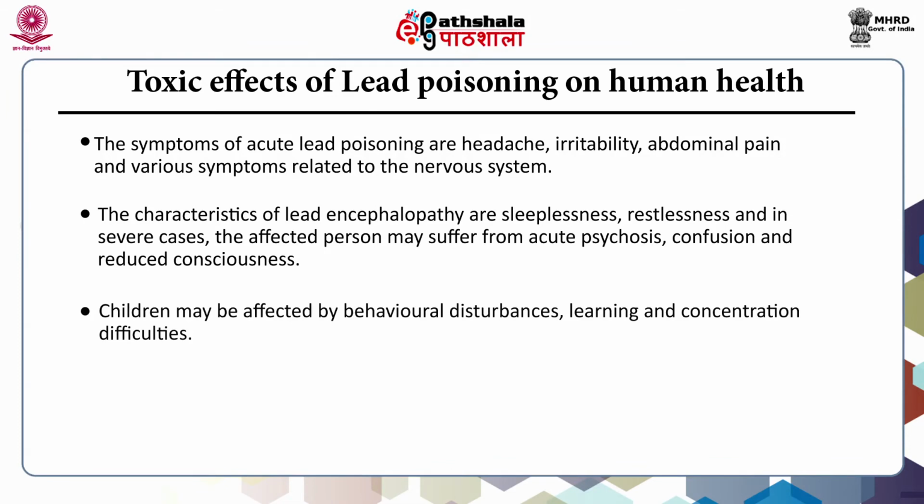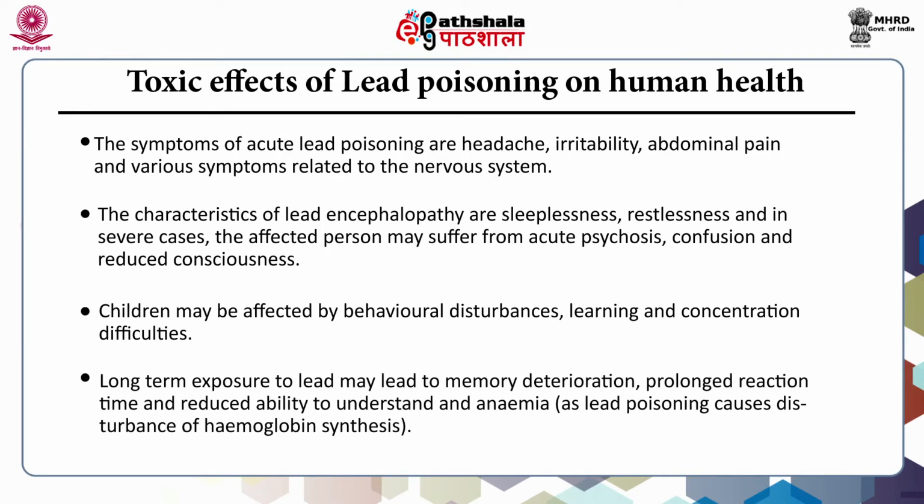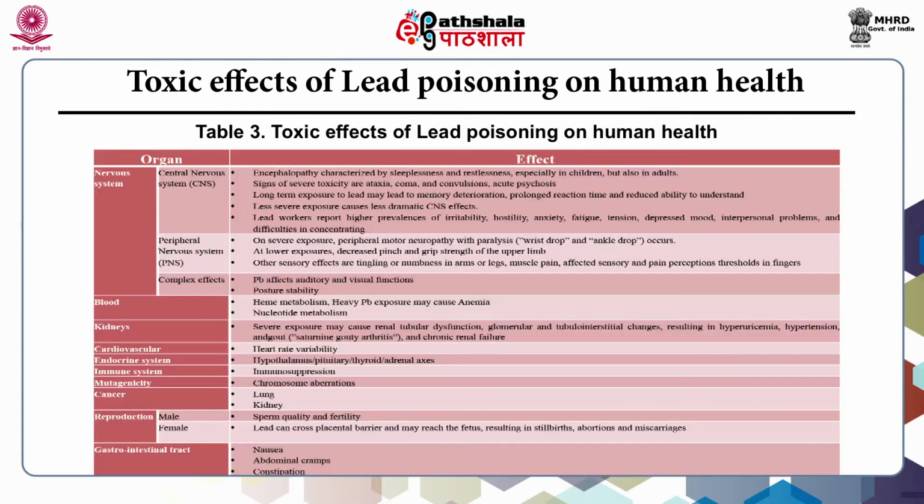Children may be affected by behavioral disturbances, learning and concentration difficulties. Long-term exposure to lead may lead to memory deterioration, prolonged reaction time and reduced ability to understand, and anemia, as lead poisoning causes disturbances of hemoglobin synthesis.